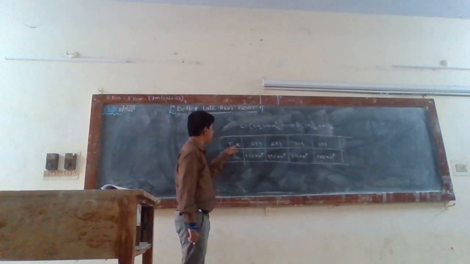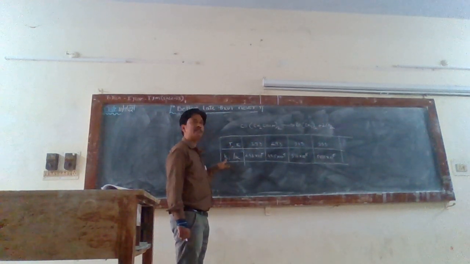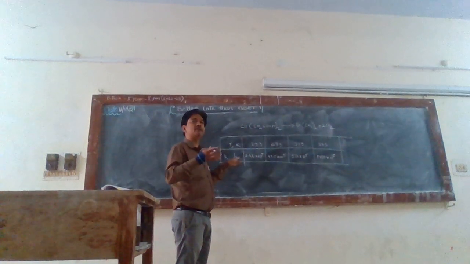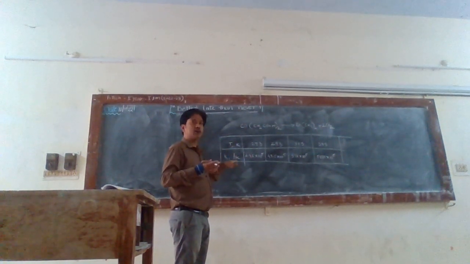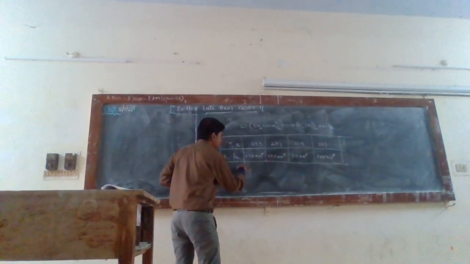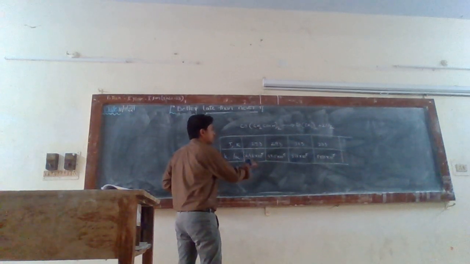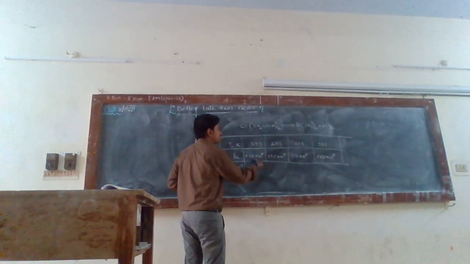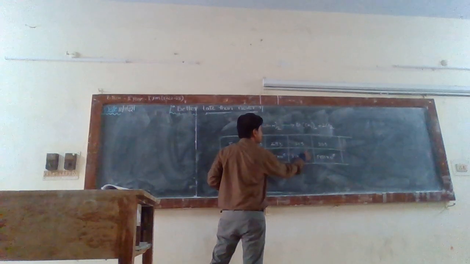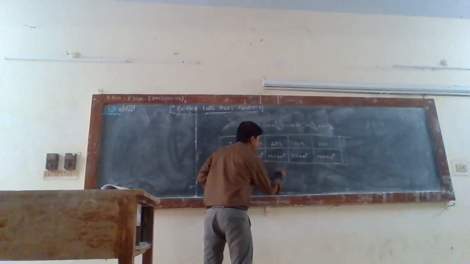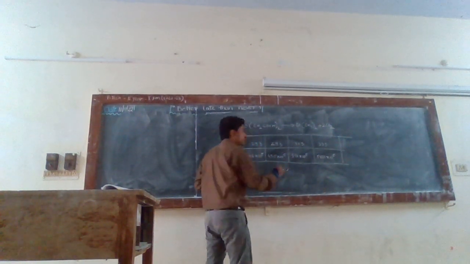And for every temperature, he has given the rate constant in the units of per second, or second power minus 1. The rate constant value for 273 Kelvin, this is the rate constant. For 293, this. Now he is asking E. How we will proceed.